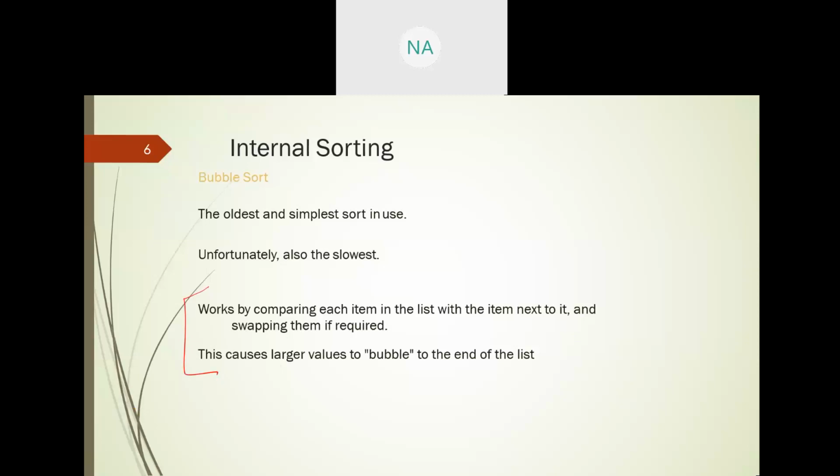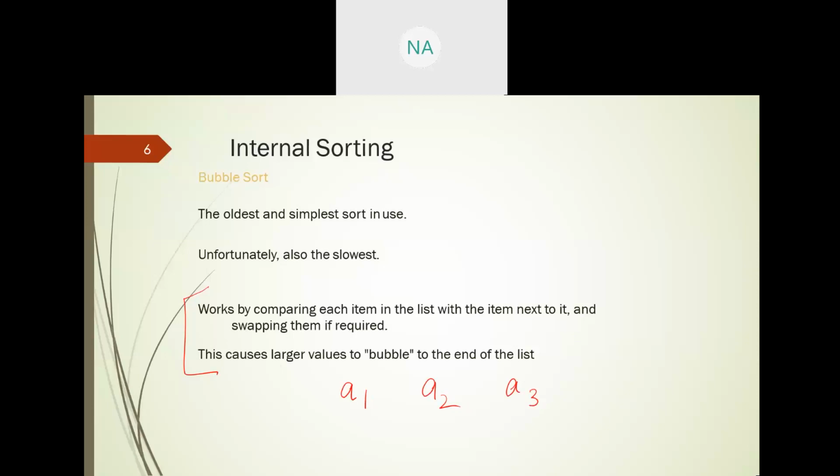Proper order means if you are sorting in ascending order, and you see that the first number is greater than the next number, you will swap them, and vice versa. So for example, you are sorting the items in increasing order. Consider this very small list having only three elements, a1, a2 and a3.